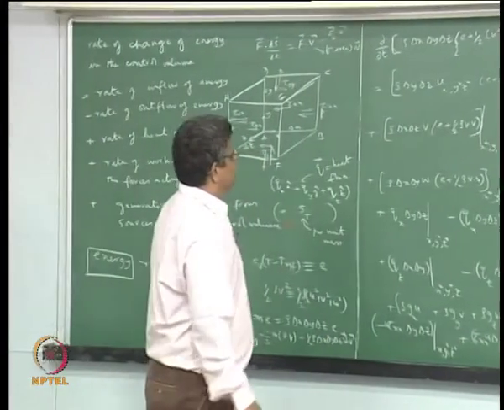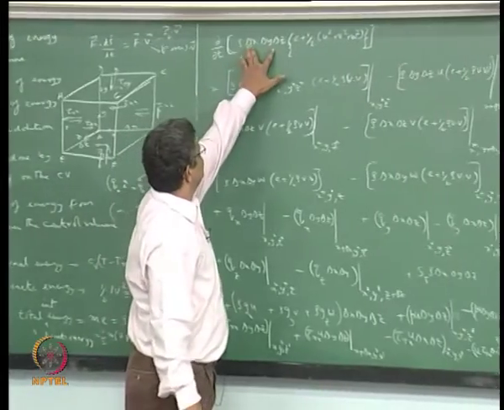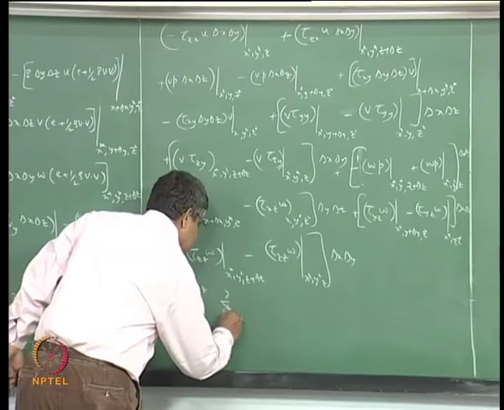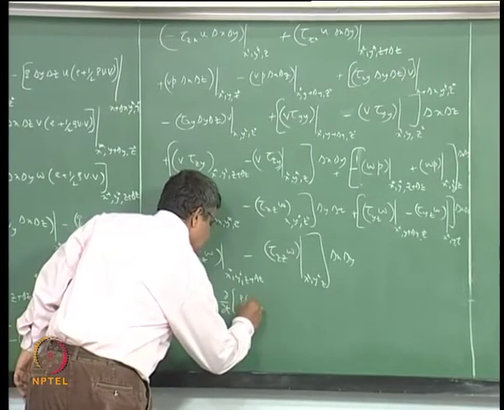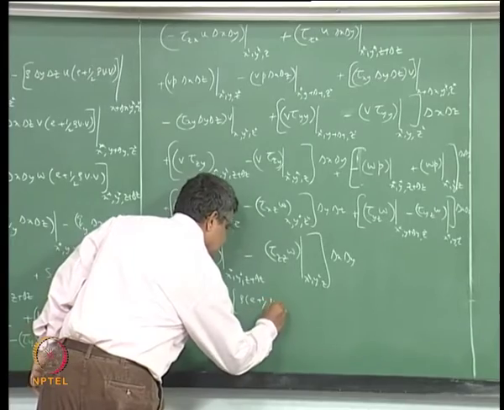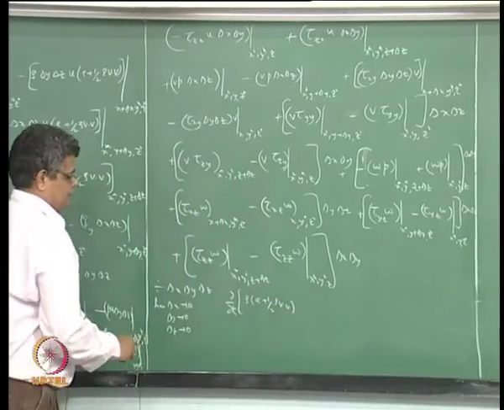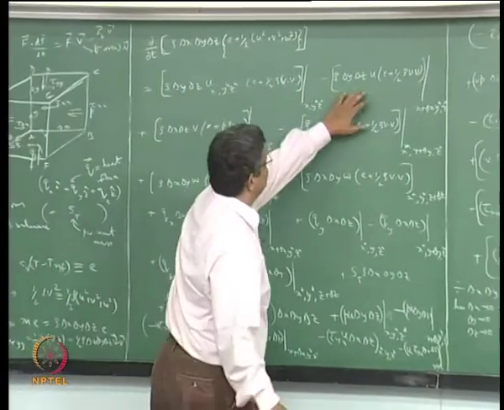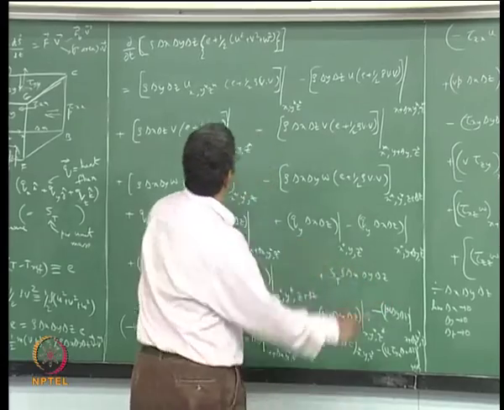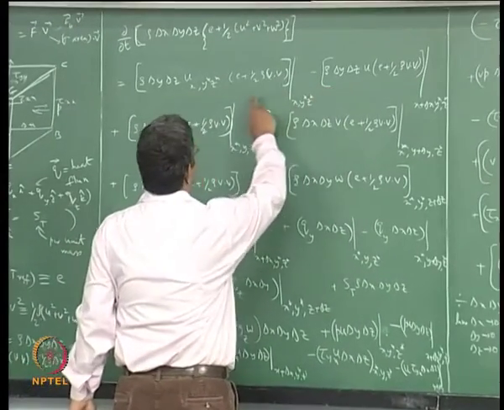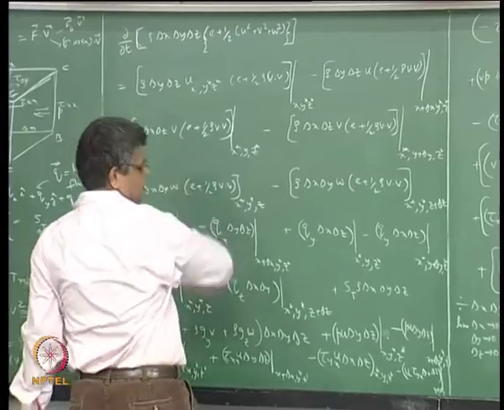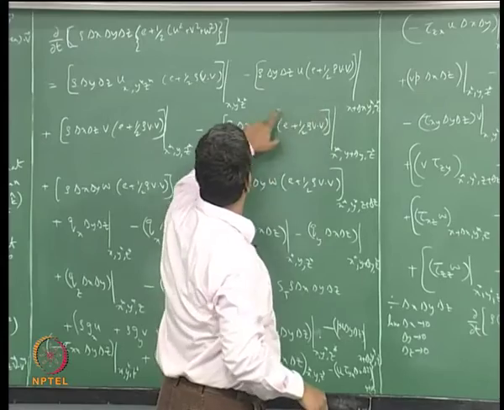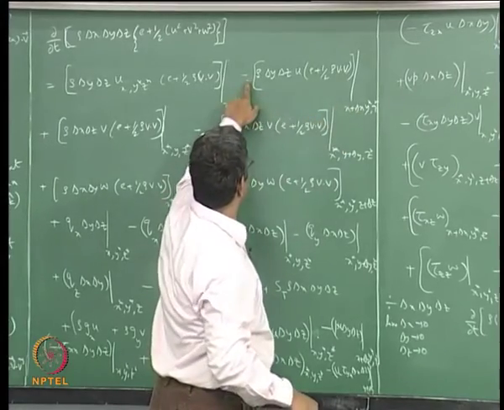If we do that, then this term here will become dou by dou t of rho times E plus half rho V dot V, equal to, now if we consider these two terms and divide by delta x and take the limit, that becomes dou by dou x, and this becomes minus dou by dou x because it is coming at x plus dx with a minus sign.